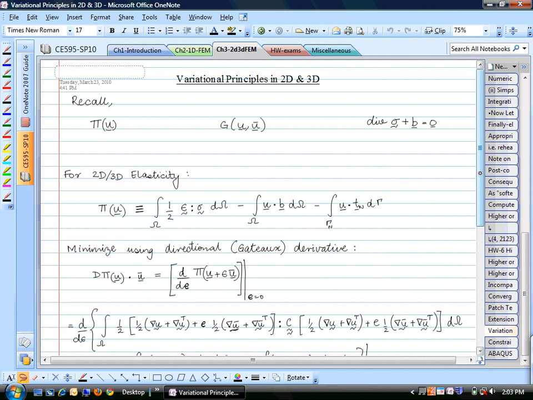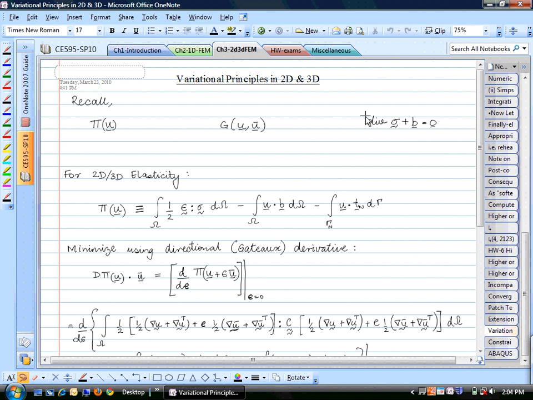So let me actually talk a little bit about these variational principles. Now these are the same sort of energy principles that we talked about in 1 dimension. In 2 and 3 dimensions we did not talk much about this. So in 1 dimension you remember those energy principles, we represented those by pi, right? So let me ask you this, in 2 and 3 dimensions we have this equation that we started with.